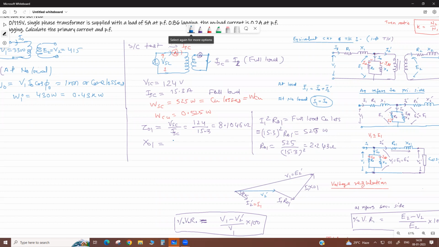Now we can calculate X01. It is the root of impedance square minus resistance square.